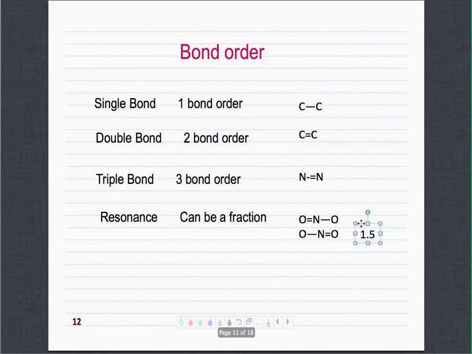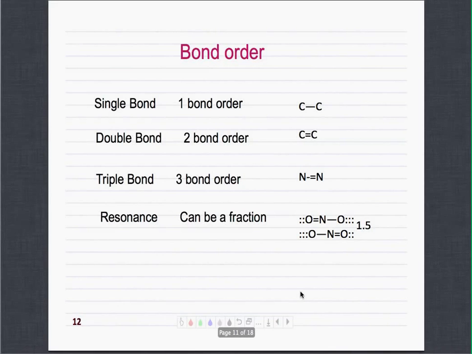But keep in mind that the bond order of polyatomic ions or compounds with resonance can be a fraction. So it can be 1.5, 2.5, 3.5, 3/4. So it can be a fraction.